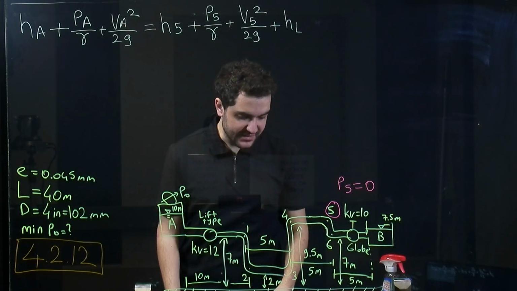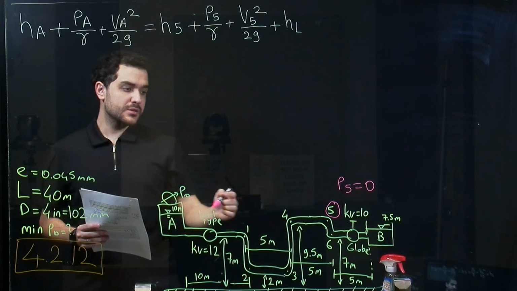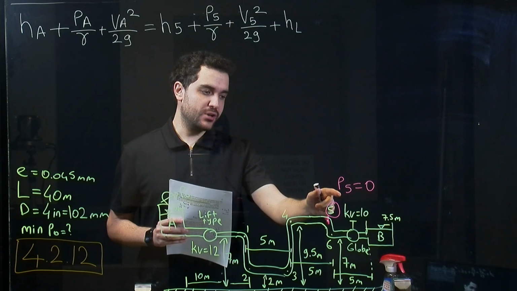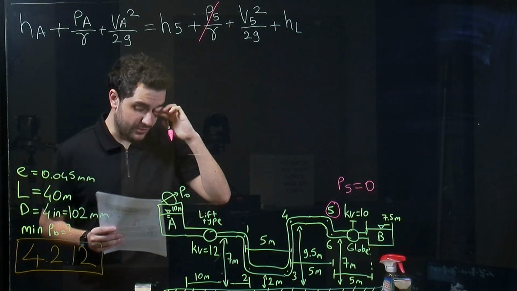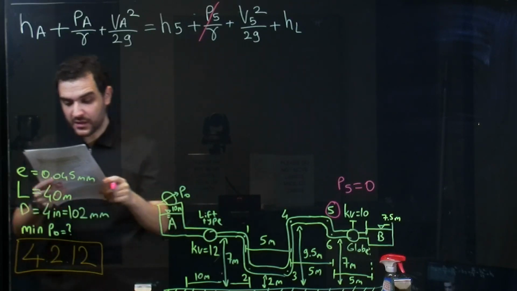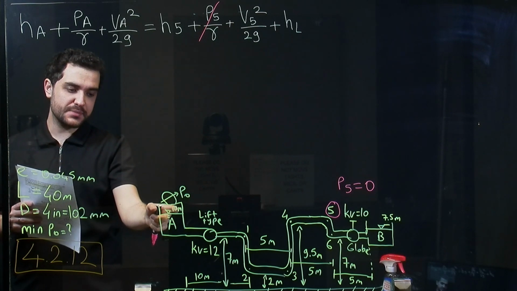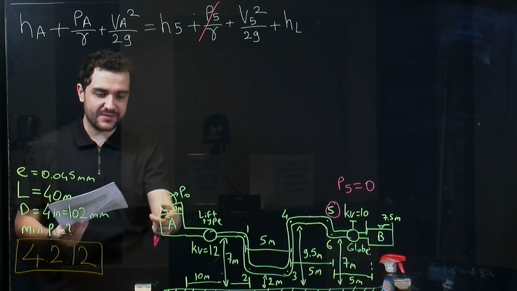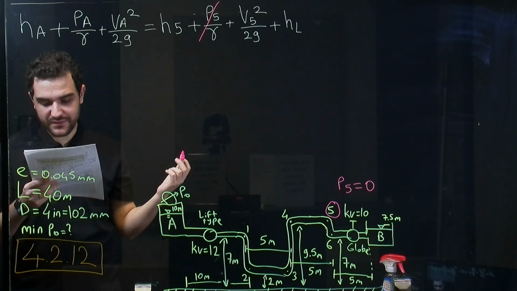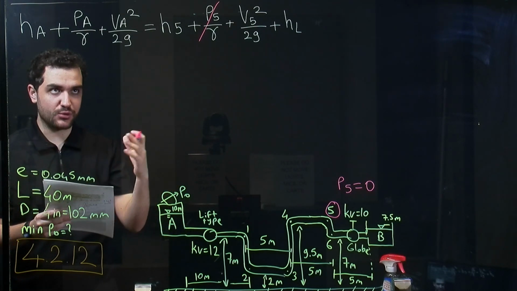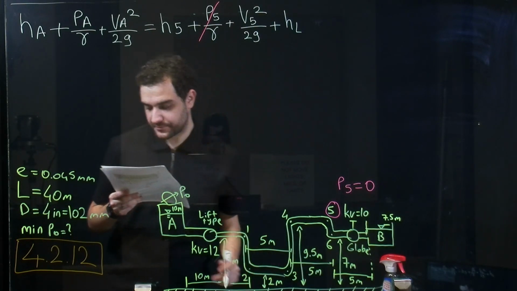So we can eliminate something here, of course. First of all, since we want pressure at point 5 as 0, this value will be 0, first of all. And unfortunately, we cannot eliminate pressure here because it is where we have pressure in the system. And we will not have anything to remove here. So we can keep going with the equation.